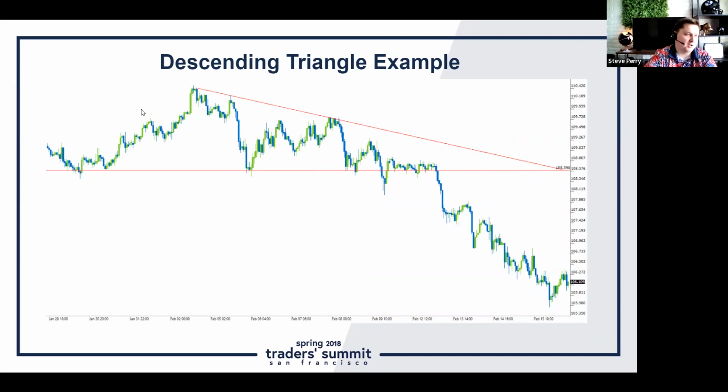I don't know what the context was on this one, so maybe it's not as great of an example as I thought, but hopefully, the context is that this guy is already pushing down, and then this shows up. You've got a flat support line right here, the market pushing down, compressing, and then ultimately the floor falls out. That's what happened. The floor just fell out, and it comes down. So that's a descending triangle, and you are looking for the market to go lower with that one.